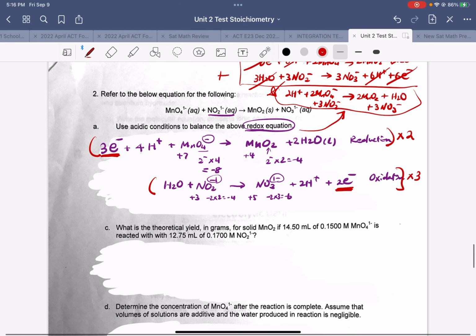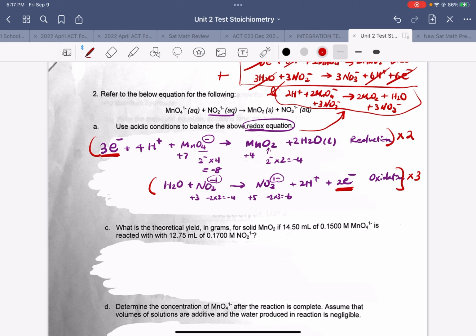Now let's look at C. What is the theoretical yield in grams for solid MnO2, if 14.5 milliliters of 0.15 molarity MnO4- is reacted with 12.75 milliliters of 0.17 molarity NO2-?